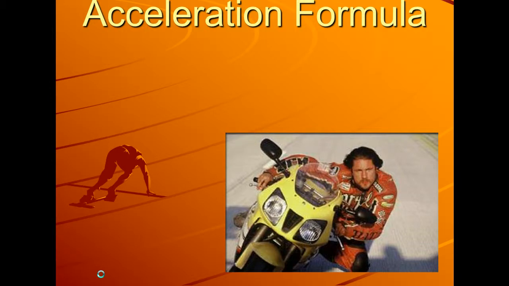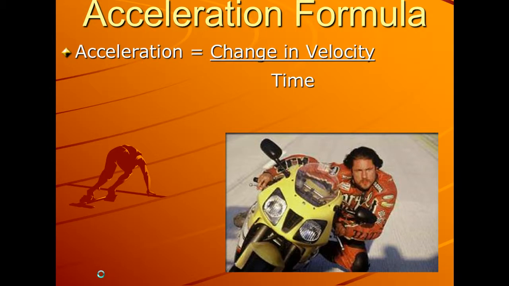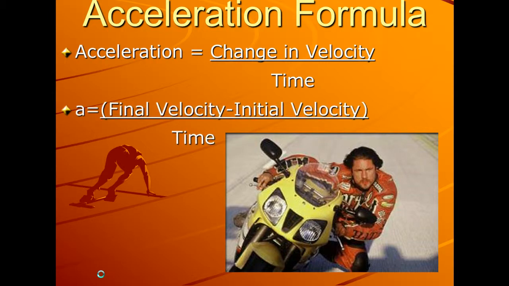Here's the acceleration formula. Here it is in words in a couple different ways. So you have acceleration equals the change in velocity over time. And here's how we would say that. We would say acceleration equals the final velocity, so the velocity that you're traveling at the end, minus the initial velocity, so the velocity you're traveling at the beginning, divided by time.